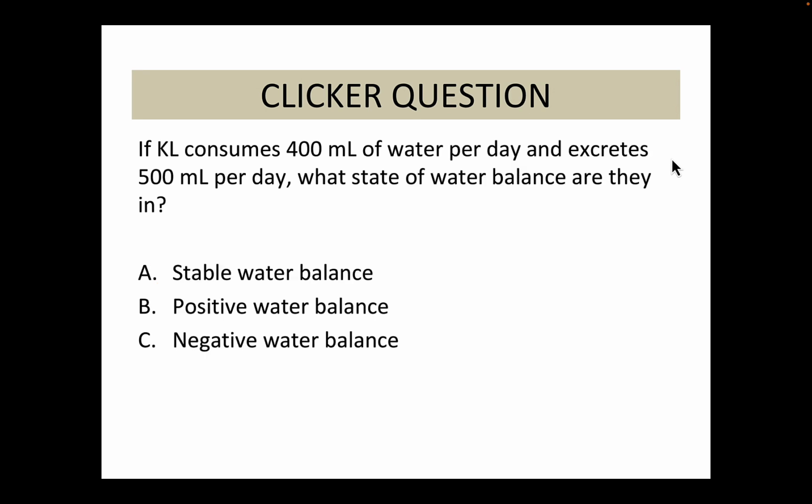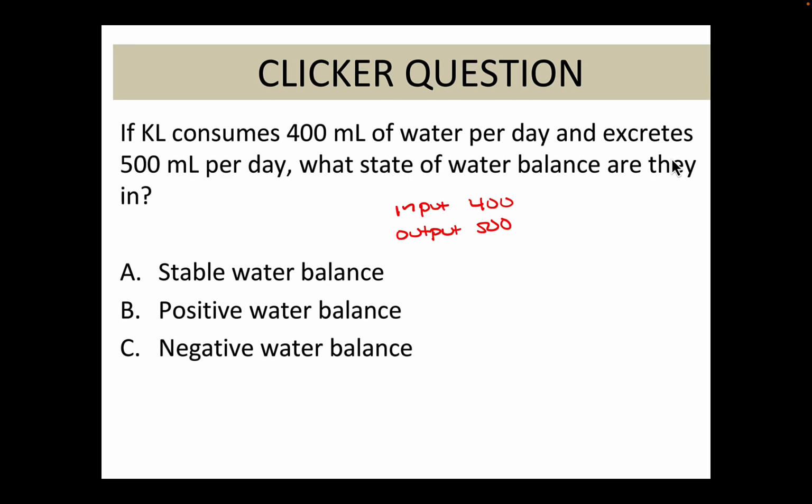Now, what if KW consumes 400 per day? So input 400 and they excrete 500. And if you'll remember from the start of the urinary system, 500 is actually what we call our obligatory losses. So it's the minimum amount that we can lose.